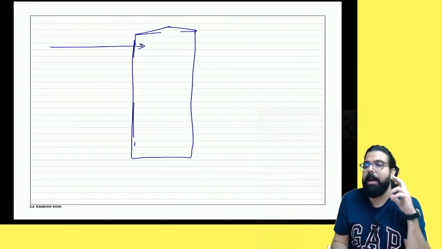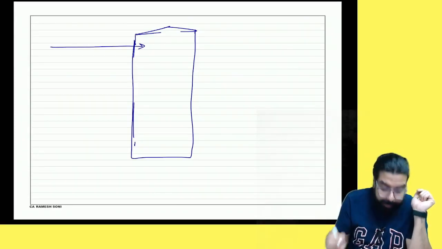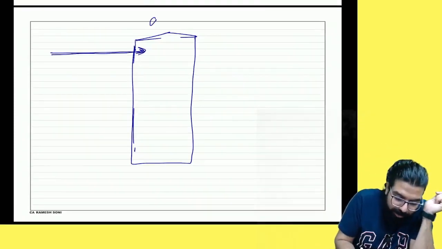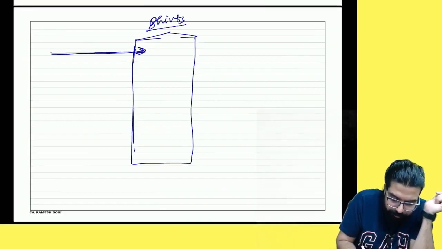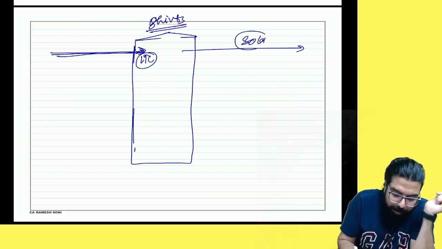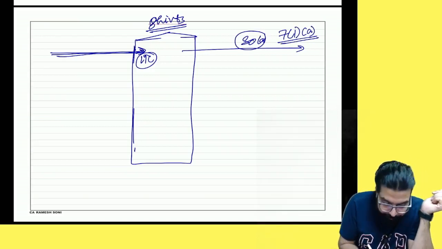I went ahead. I am a dealer. People, listen carefully. I am a dealer of shirts. I buy shirts. I took the ITC. I sold the shirt. Section number, everyone, 7(1). Okay.